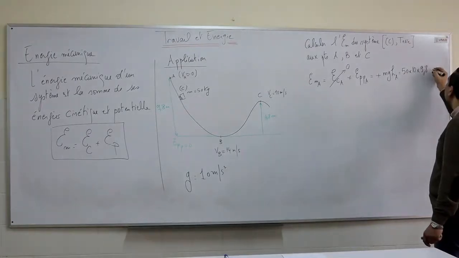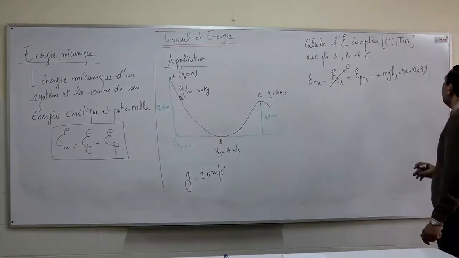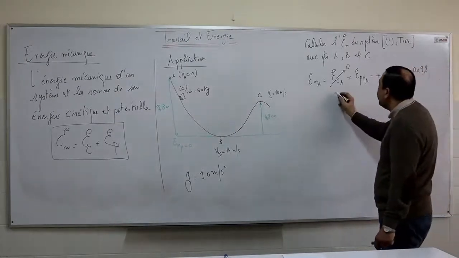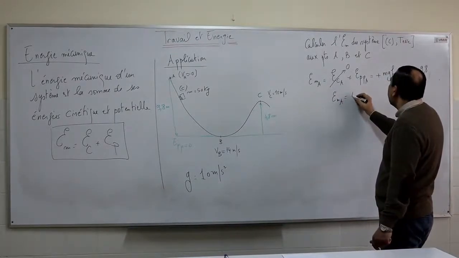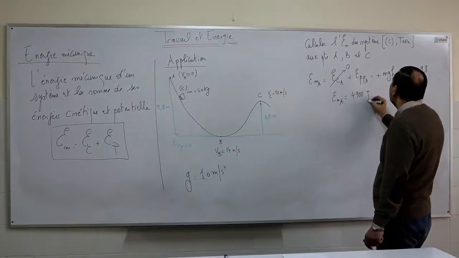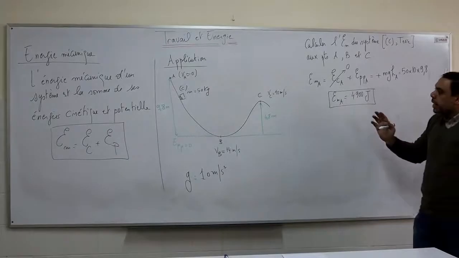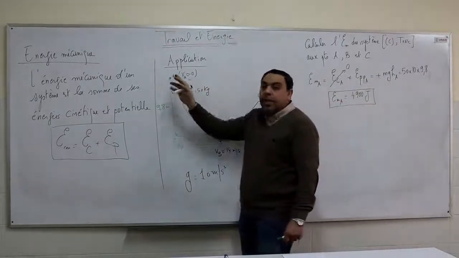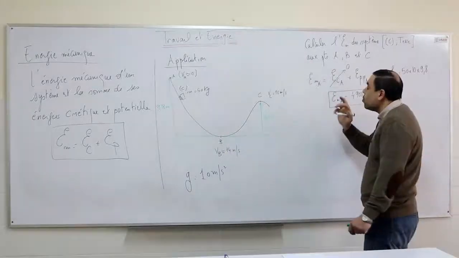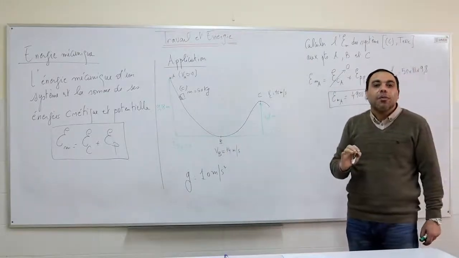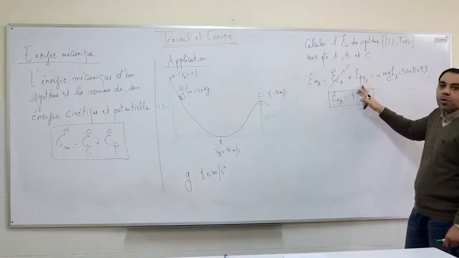The result is 4,900 joules. The mechanical energy at A is 4,900 joules. Note that the mechanical energy at A is only the gravitational potential energy. Since the kinetic energy at A is 0, the mechanical energy at A is purely the gravitational potential energy.